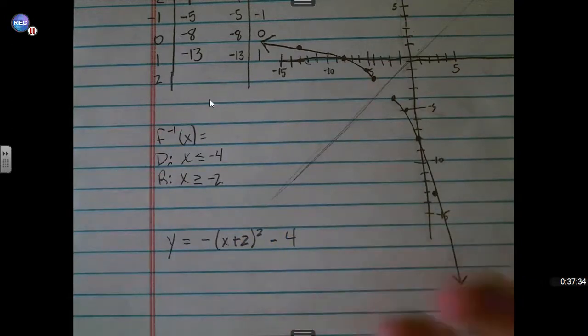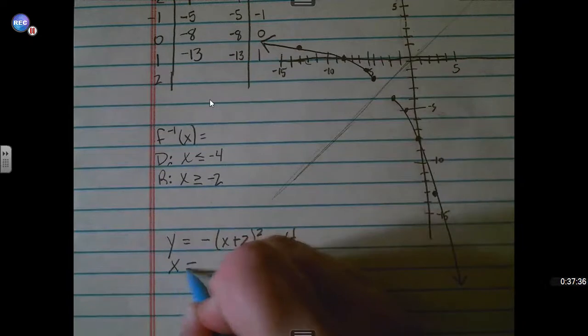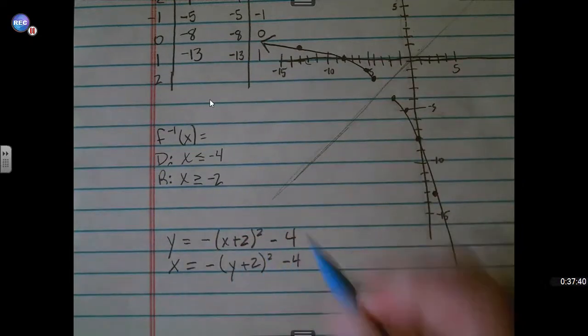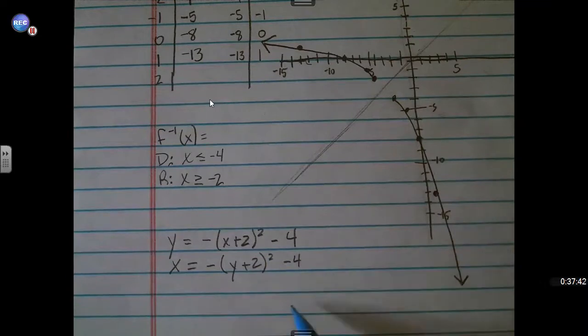And then we interchange the x and the y. So this becomes x, this becomes y. And then we solve that for y. Now, if you multiply this out, and we talked about this in class, you're going to be doomed. You won't be able to solve it. Okay, you have to leave it in the form it's in to get y by itself.